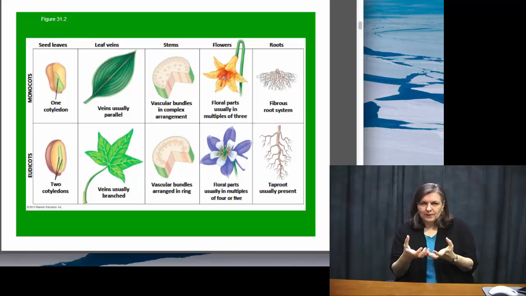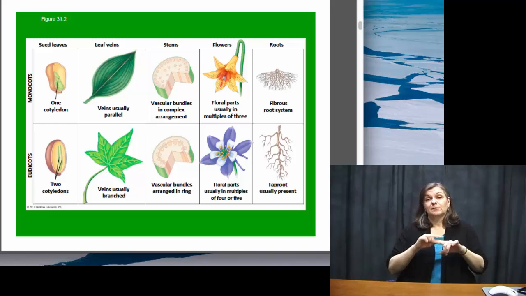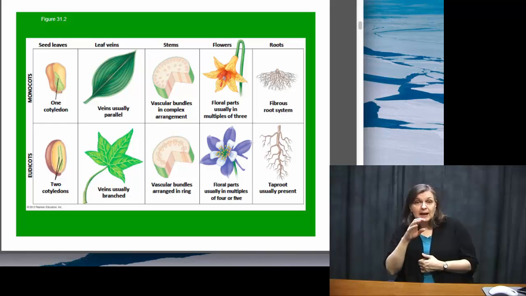And you can do this. The next time you have a seed, cut it open. You can see the leaves inside. They're not going to be big green leaves. They're going to be little tiny curled up leaves, but they're still there. Even in dried beans, you can see these leaves inside.